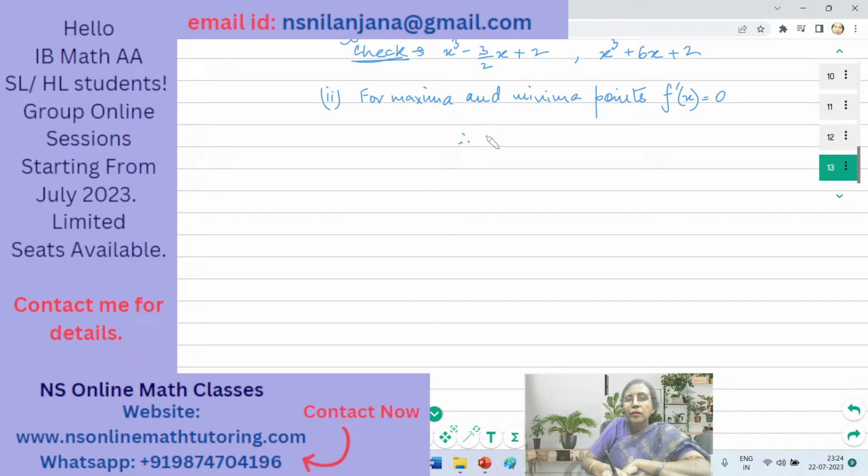Therefore, 3x square minus 3c is equal to 0.